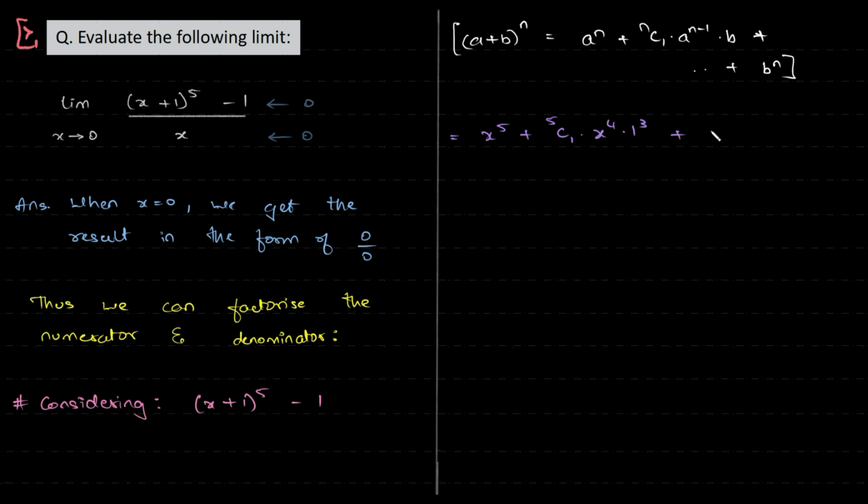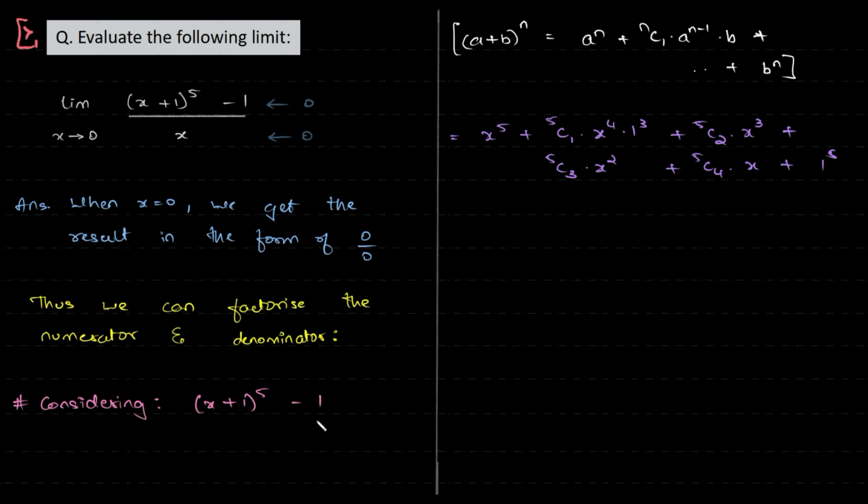Since we are going to get 1, we can just ignore it. So we have 5C2 x to the power of 3 plus 5C3 x to the power of 2 plus 5C4 x to the power of 1 plus the last term is 1, because b is 1, and 1 to the power of 5 is 1 itself.